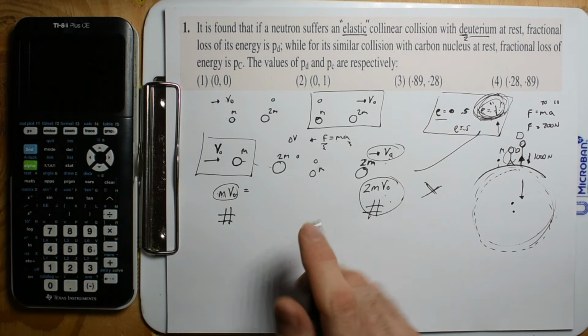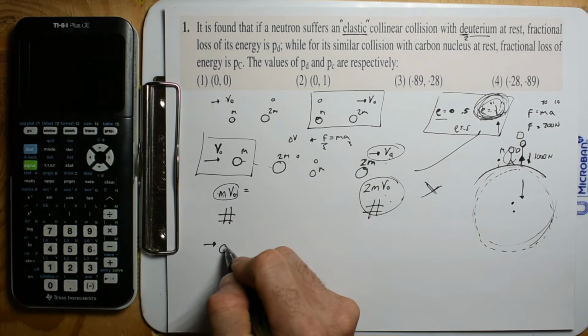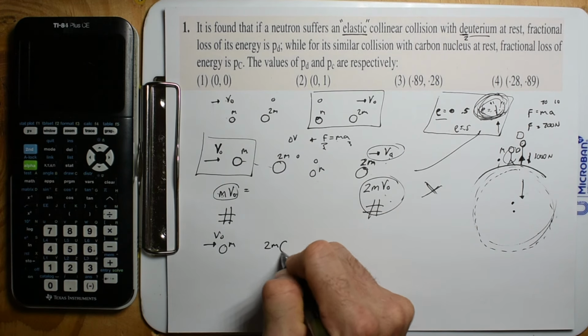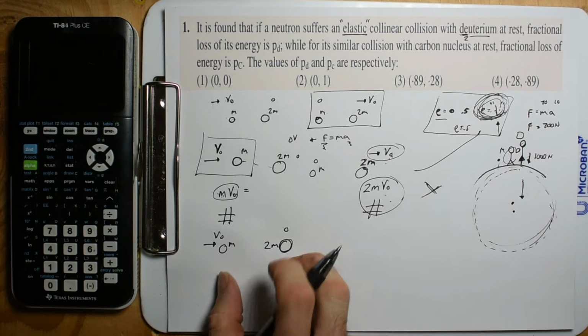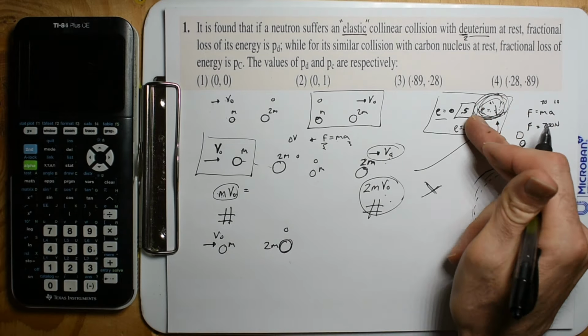So now let's dial it back. We're going to have this mass come in with v naught. We have the 2m right here. It's stationary. And then we're going to collide the two particles. We're going to choose a coefficient of restitution of 0.5. And you don't have to get too creative with this.